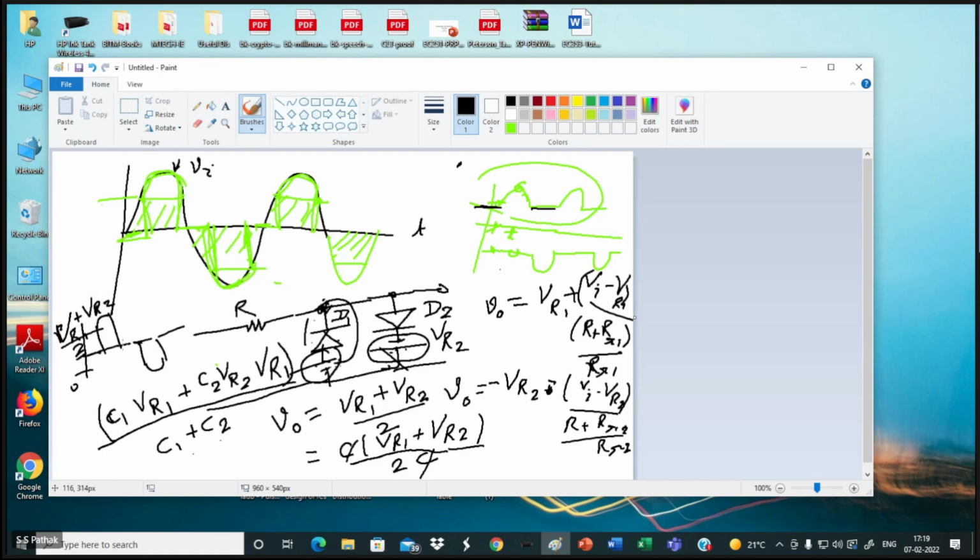That may not be 0. Suppose Vr1 and Vr2 are equal, one positive, one negative, it will be 0 volts. But suppose Vr1 is 3 and Vr2 is minus 1, then it will not be 0, it will be some other value over there. So that's how this threshold will be changing and we will get a shape something like that.